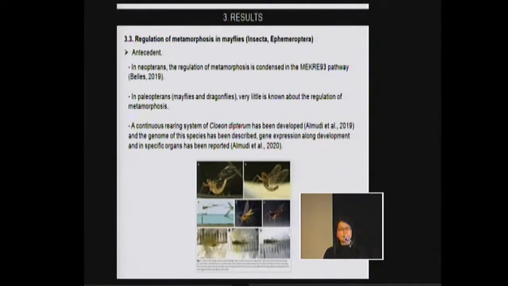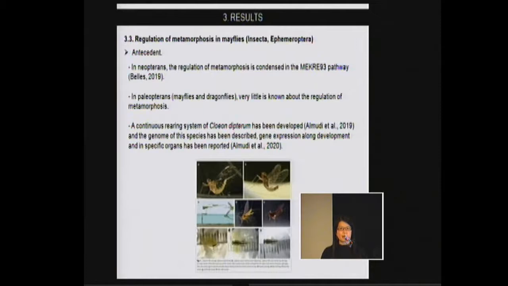And the lack of this information means that we cannot complete the picture of the evolution of metamorphosis or the evolution of insects. So that's why we want to explore the control mechanism of metamorphosis in this species.